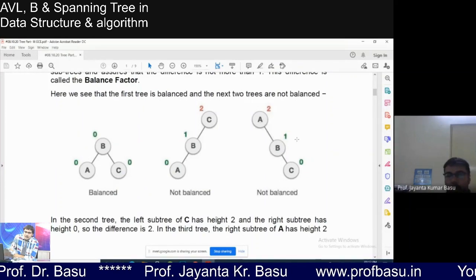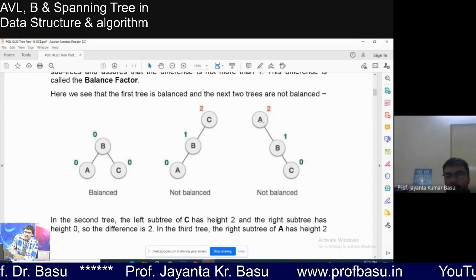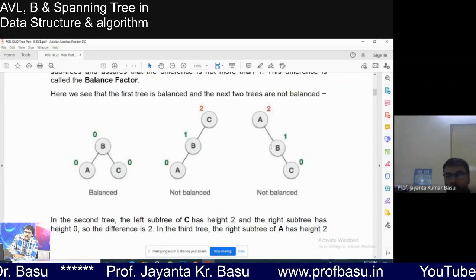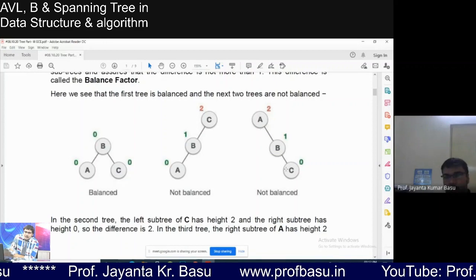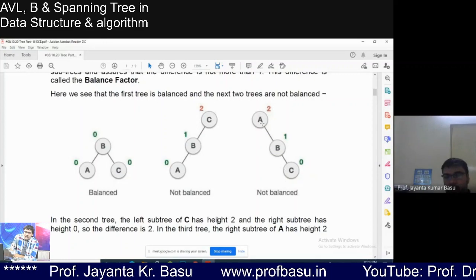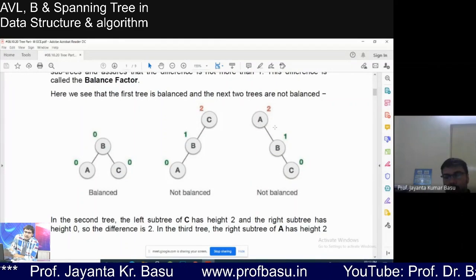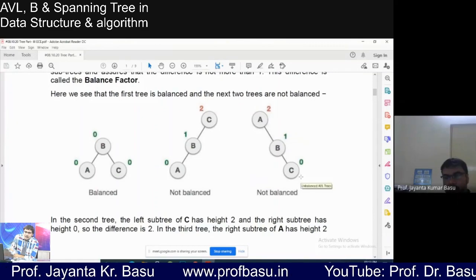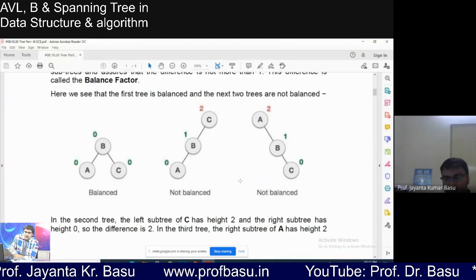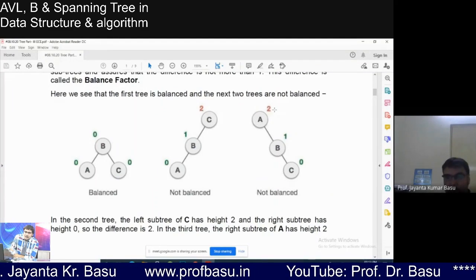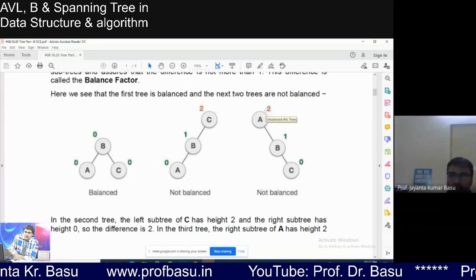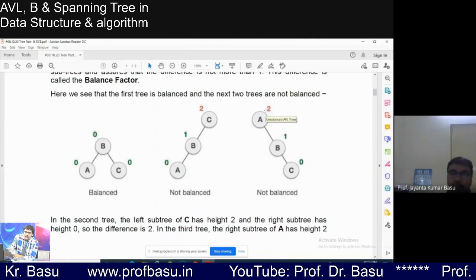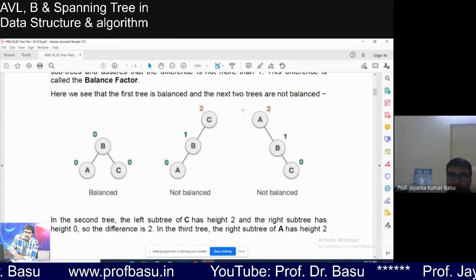Now look at the third diagram. Here, just opposite of this. The left subtree has no level. The right subtree for this A has 2 levels. So left subtree minus right subtree must be minus 2, but I am discarding the sign of the factor.